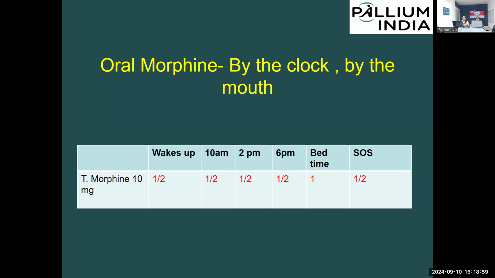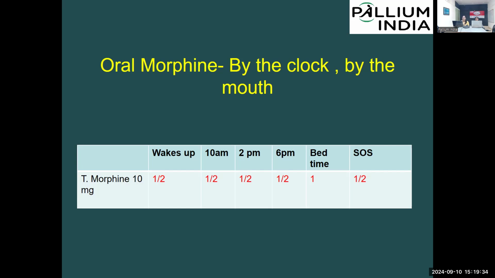So we don't want to wake up the patient in the middle of the night to give another dose, which would come around 2 a.m. We don't want to disturb the sleep of the patient, and at the same time the patient should have adequate sleep and adequate pain relief. So in order to maintain a constant level of the analgesic in the blood, we provide a double dose at night so that the patient has adequate pain relief till 6 a.m. in the morning or till the time he gets up.